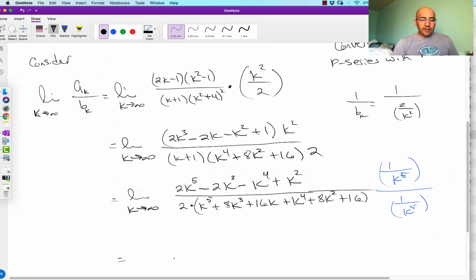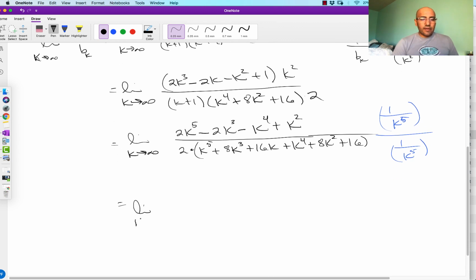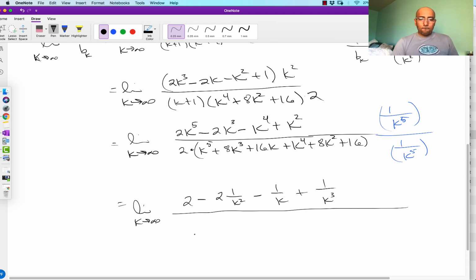I'll get the limit as k goes to infinity of the following: 2 minus 2 times 1 over k squared minus 1 over k plus 1 over k to the third power, then 2 times 1, or just 2, plus 16 times 1 over k squared, plus 16 times 1 over k to the fourth power, plus, whoops, that should be 32 here.